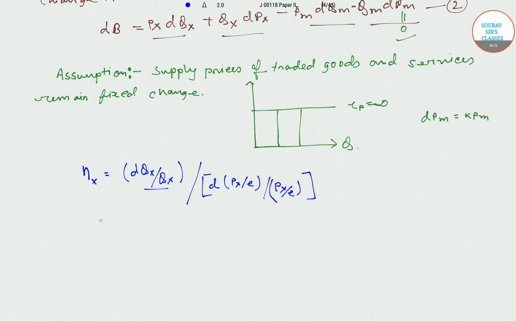And similarly, if you write qn, so this is what? This is the definition of export demand elasticity, and this is import demand elasticity.